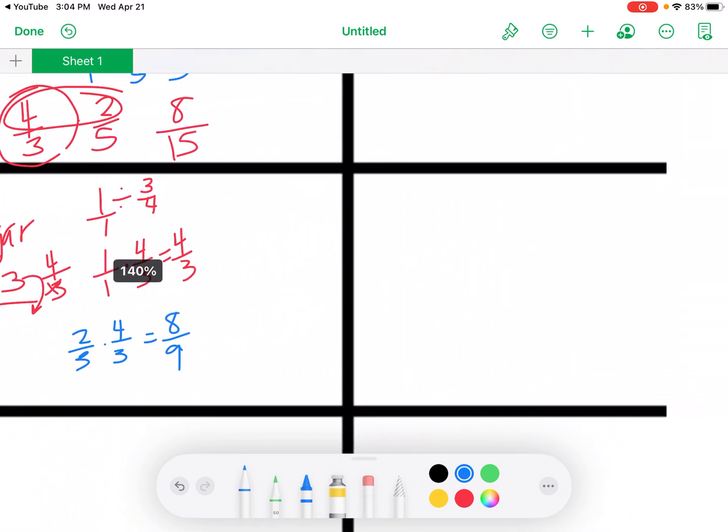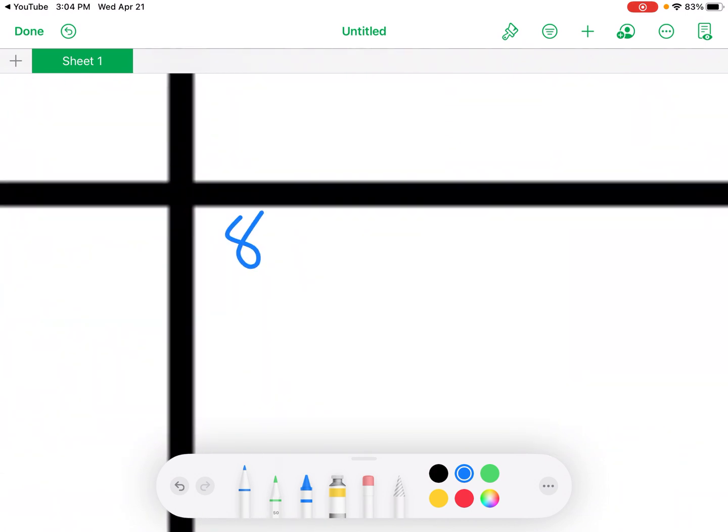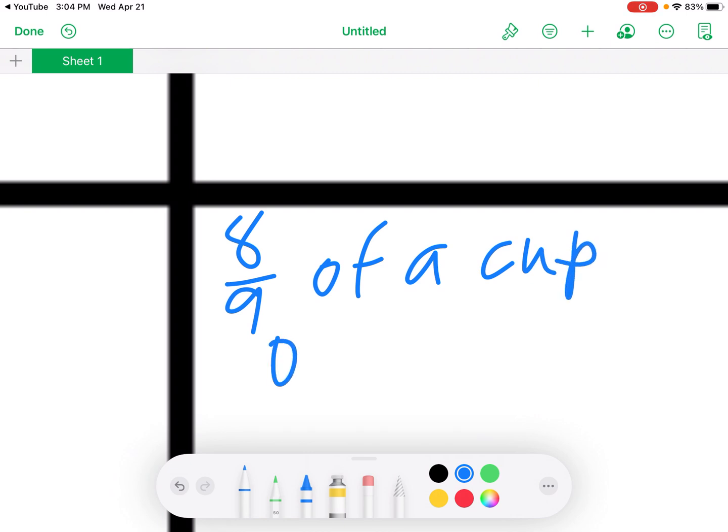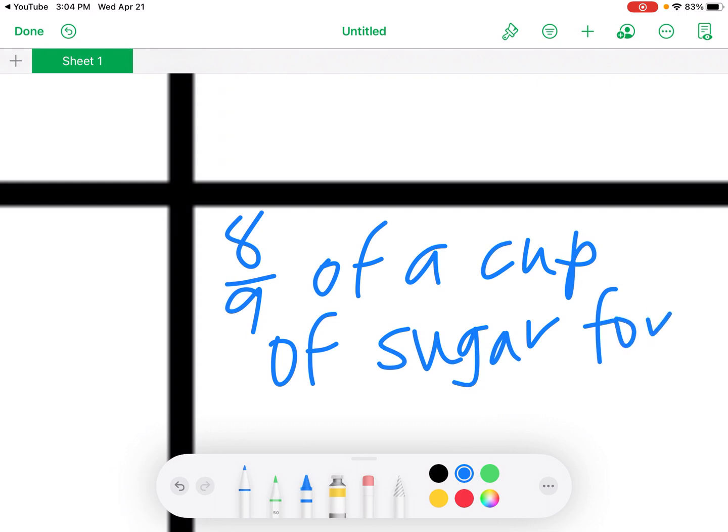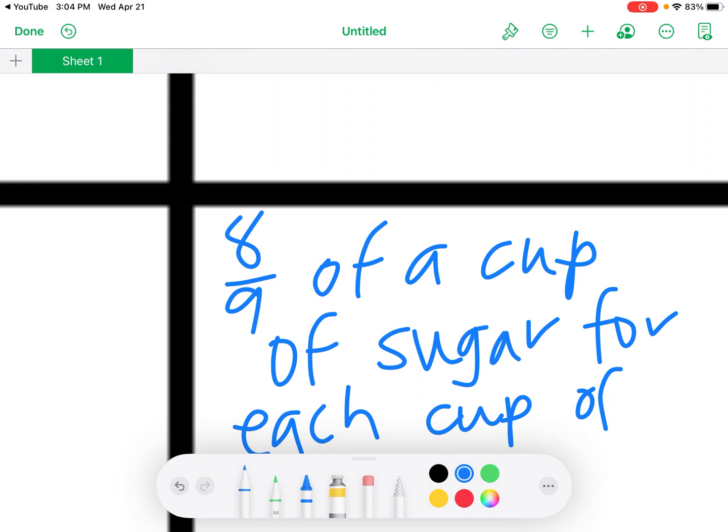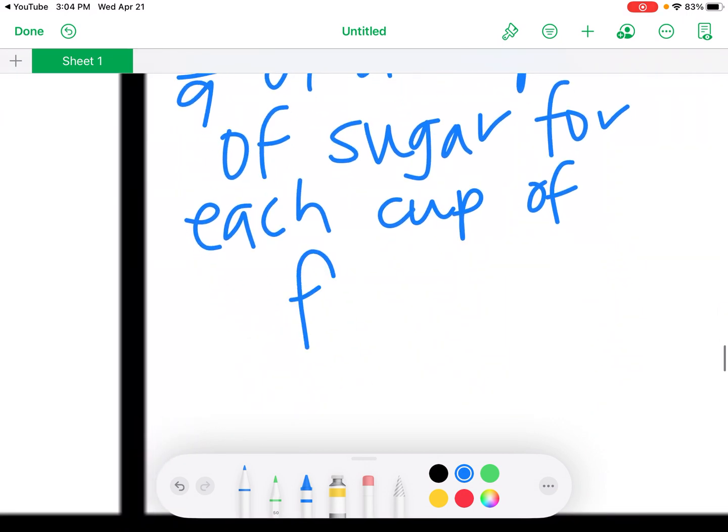So I need 8/9 of a cup of sugar for each cup of flour. All right.